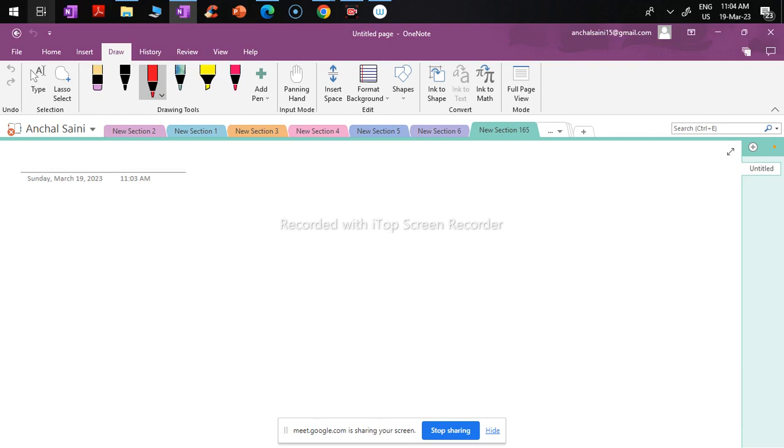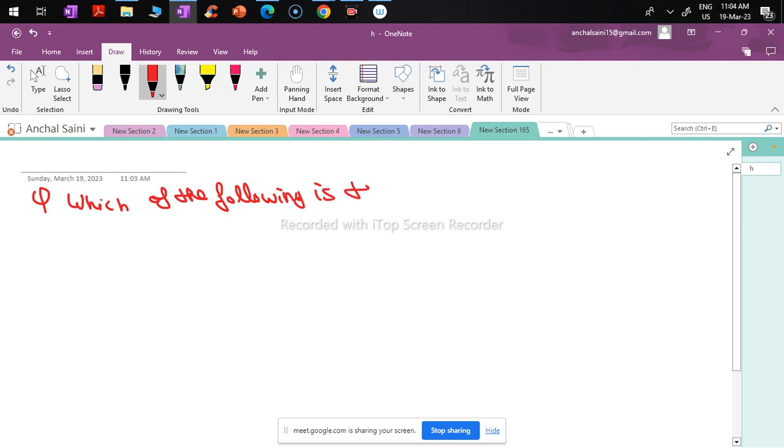So our first question is, which of the following is the most toxic? This question is from the last class. Which of the following is the most toxic excretory product?